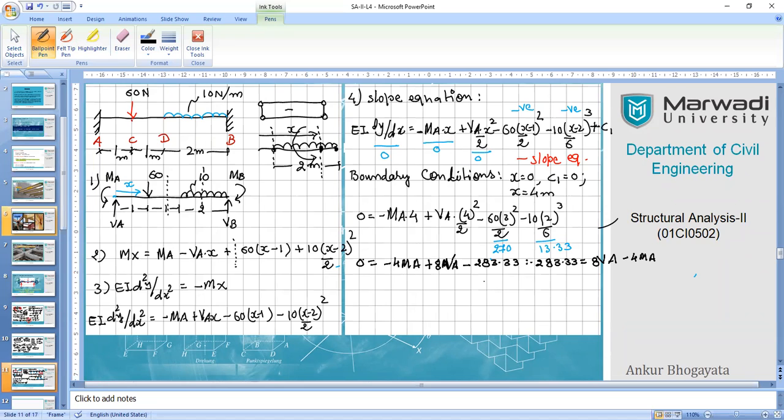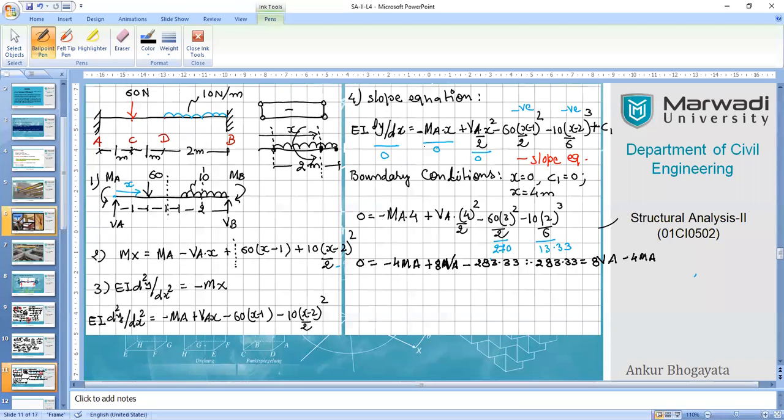I know I'm going a little out of the boundaries, but I don't want to change this slide, because I wanted to show you how further you are required to use the slope equation, and that's why I'm insisting on putting everything on the same page. So don't mind it, please.